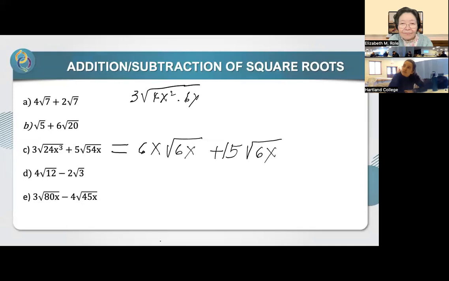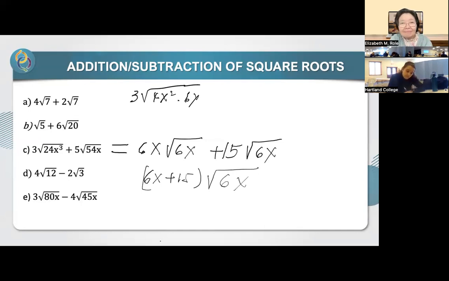Yeah, I think so. So, of course, you cannot add 6x plus 15, because they are different terms. You can just put them together as an expression. So you can write that as 6x plus 15, correct? Times the square root of 6x.